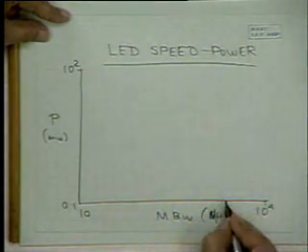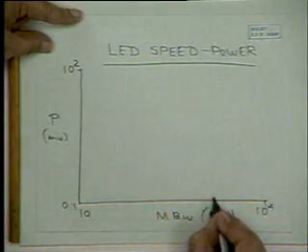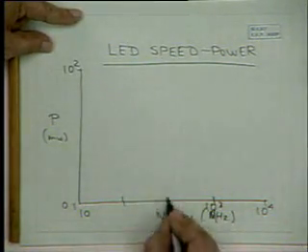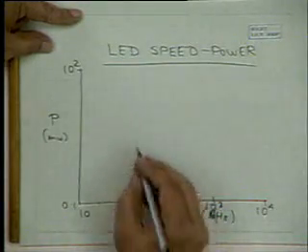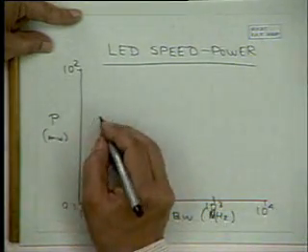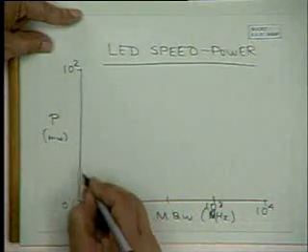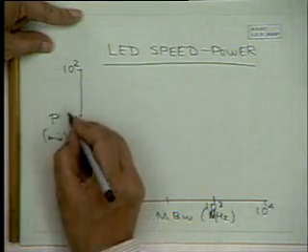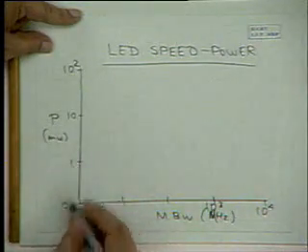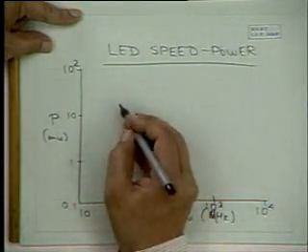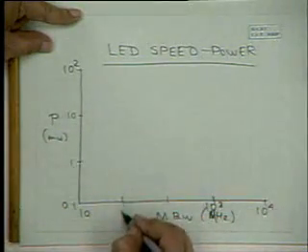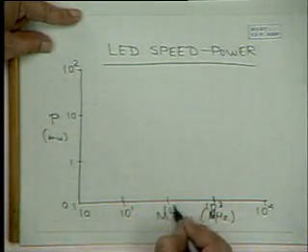This can quite easily go up to 10 to the power 3, that's a gigahertz. And for different types of devices, at 0.1, 1, 10, you have a trade-off which is of this type.